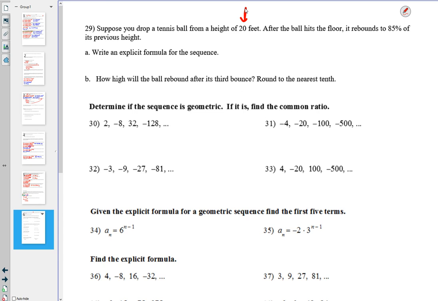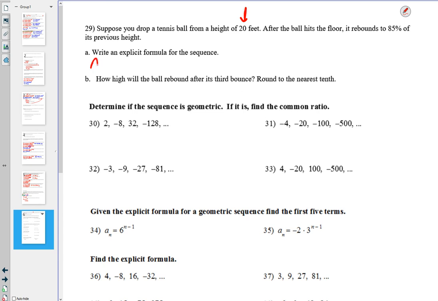But in this case, time is not a factor. What does the height of the ball depend on? The number of bounces. So that ball is at 20 feet after how many bounces have occurred? None. So this is before any bounces.